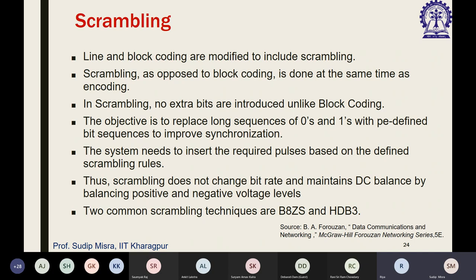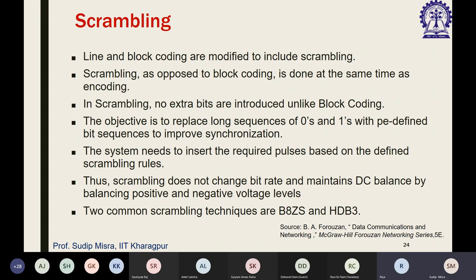Scrambling intends to replace the long sequences of zeros and ones, which are a problem in line encoding, with predefined bit sequences to improve synchronization. Synchronization happens to be a problem due to the occurrence of these long sequences, and they are replaced appropriately with some predefined substitute sequence. This is what scrambling is all about.